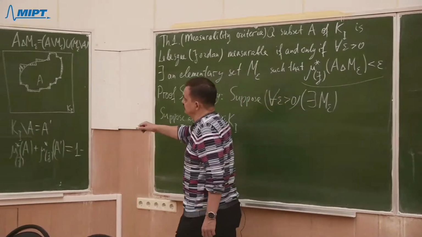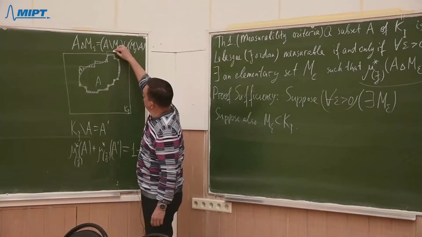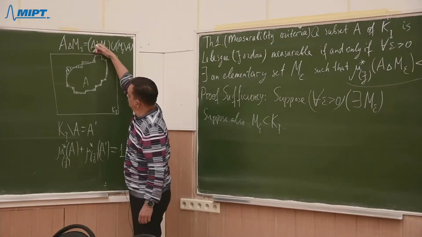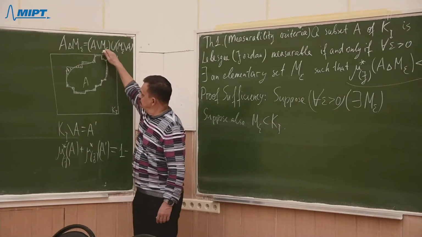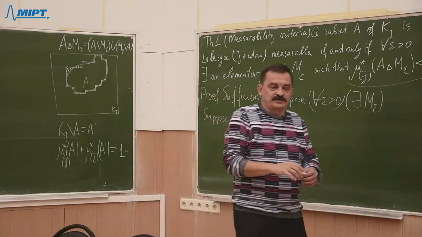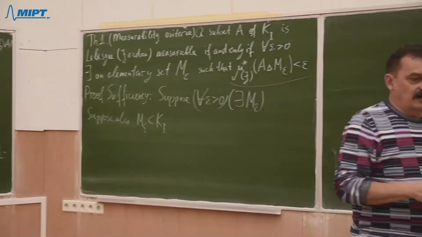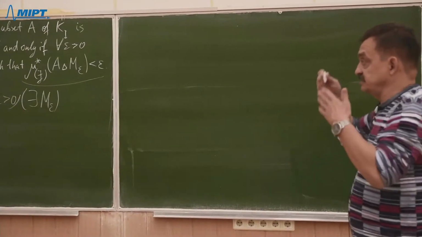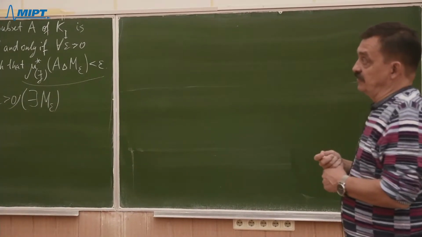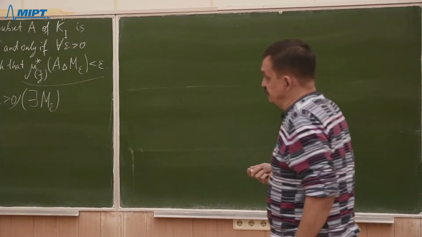Otherwise, suppose we have something outside, then we may forget about it. A is a subset of the cube, so the part of M epsilon which is outside of the cube is not important for us, and it has some extra measure, so we don't need to consider it.